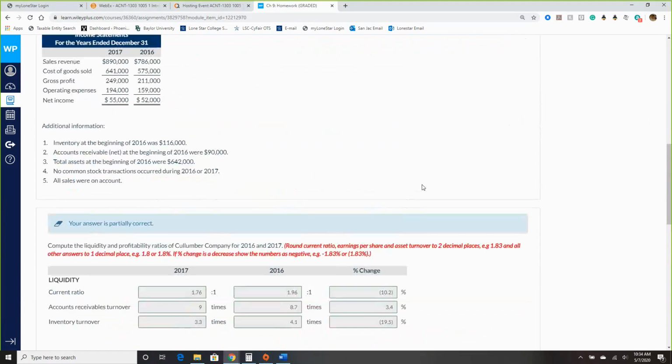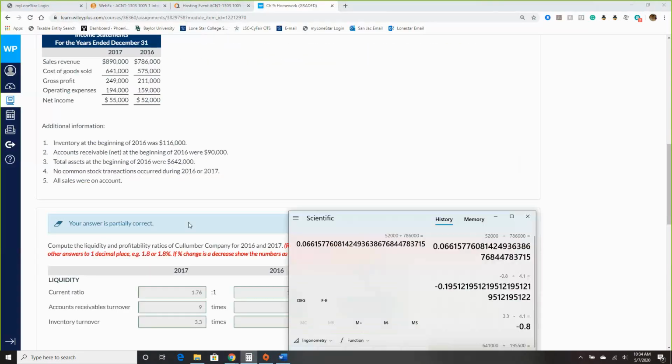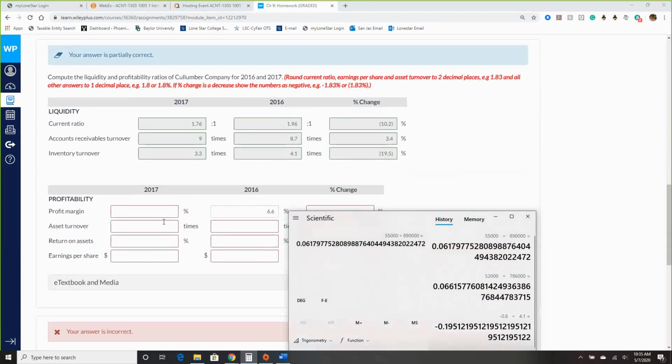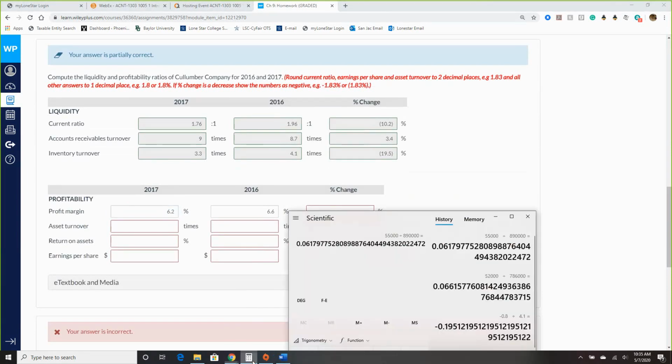16, 17. We have 55 divided by 0. 6.2%. So it went down barely.